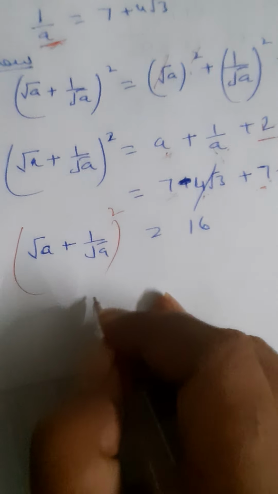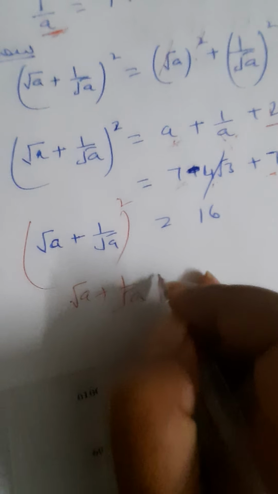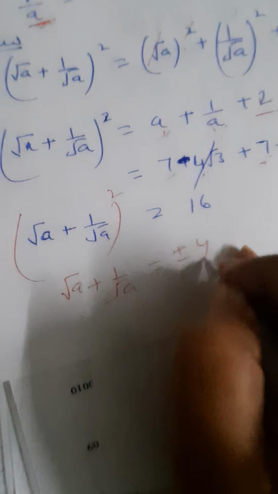Now just see, this square is 16, so that means if I'll just remove square, so it will become plus minus 4.